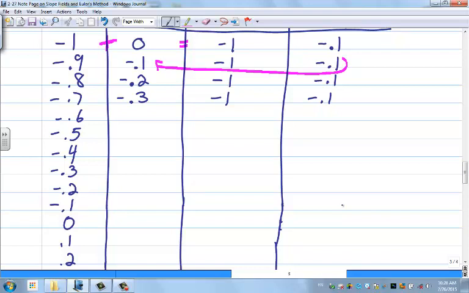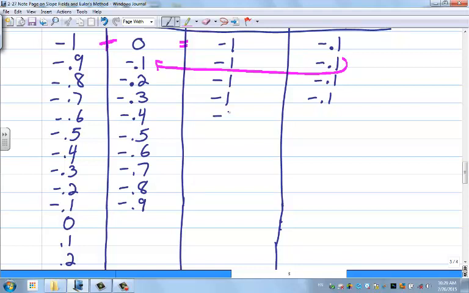Sometimes when you get to 0 it throws a wrench in the works. Okay, so what I'm going to do is I'm going to follow this pattern as far as 0, and then when I get down to 0 I'm going to check to make sure that it's still going to work at 0. So I can pretty much assume that this is going to be -0.4, -0.5, -0.6, -0.7, -0.8, -0.9.